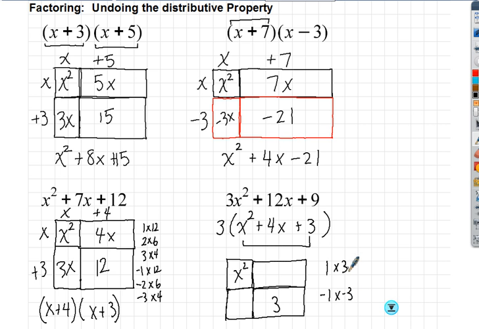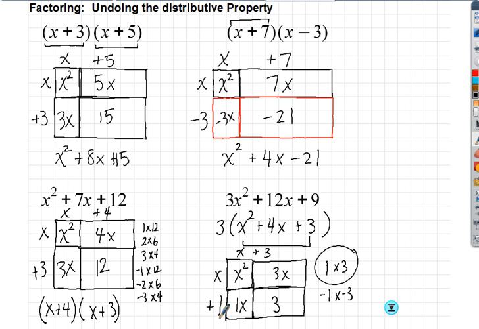But I need them to add up to positive 4, so this works. So this will have to be my 3x, and this will be my 1x. So this must be x plus 3, and this must be x plus 1.